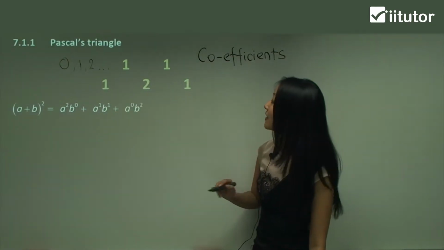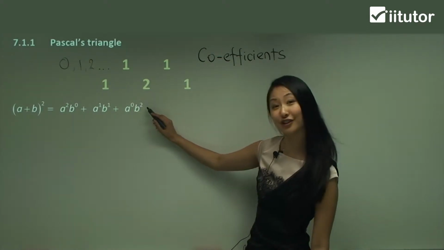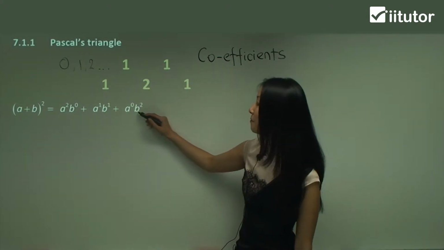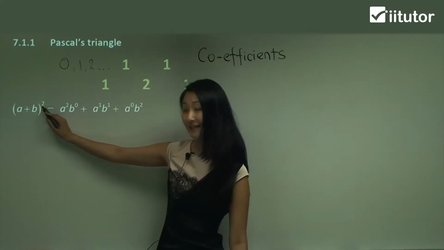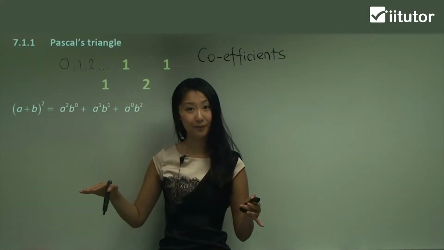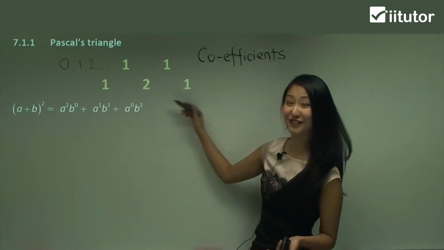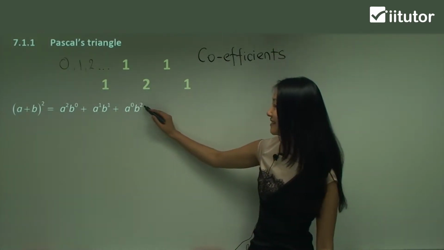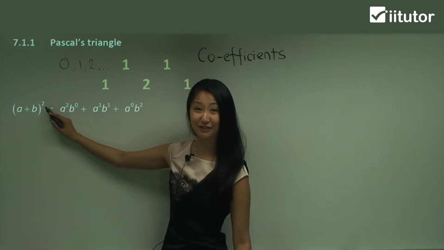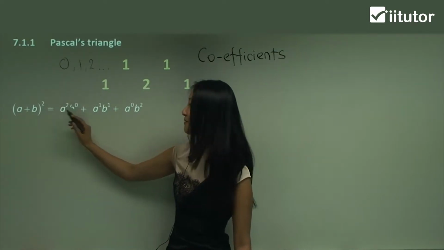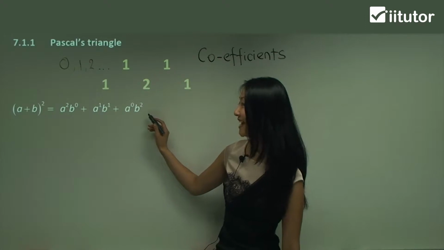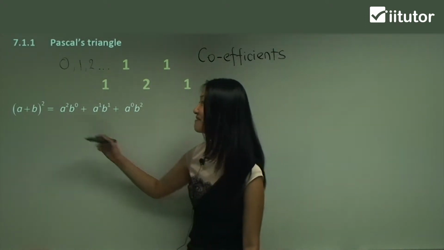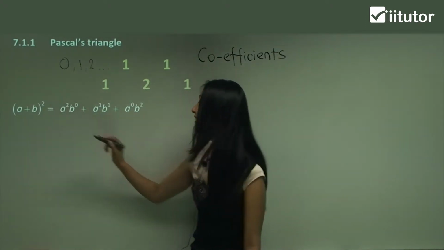So you get 0 and 2. And remember, when b, the second term, has the same index as that, we stop. As you see, if you keep going, these indices won't add together to equal 2. So remember, these indices always have to add together to be the same as that index there.